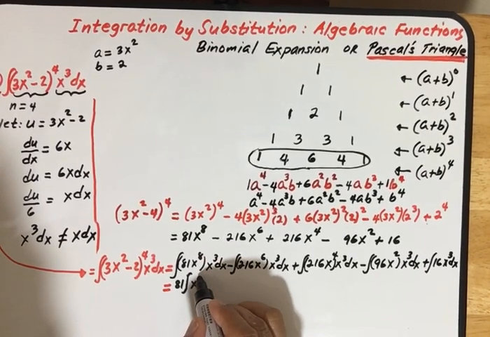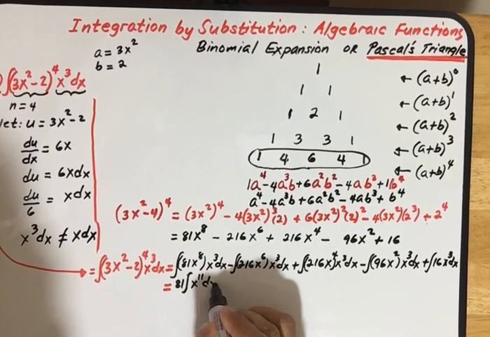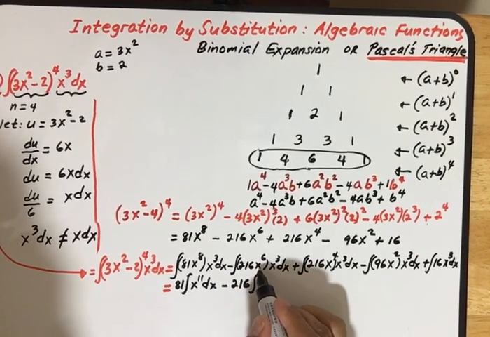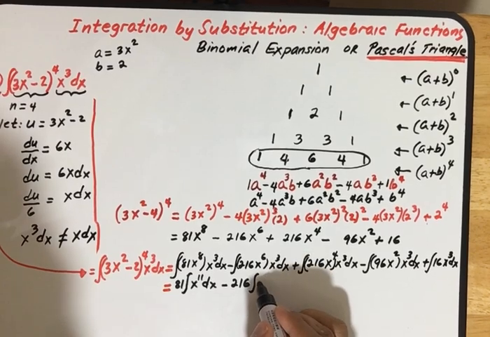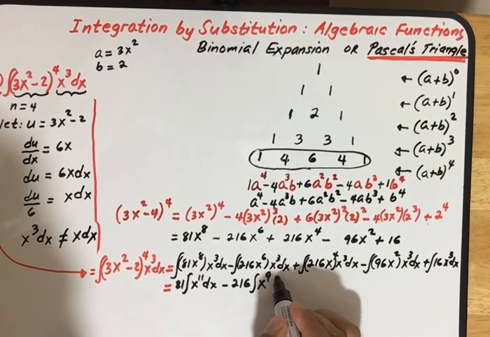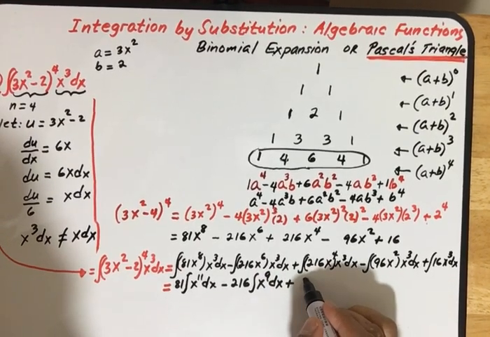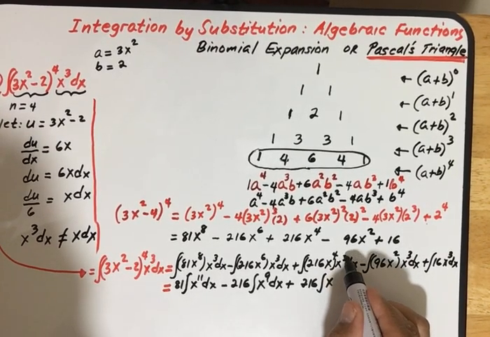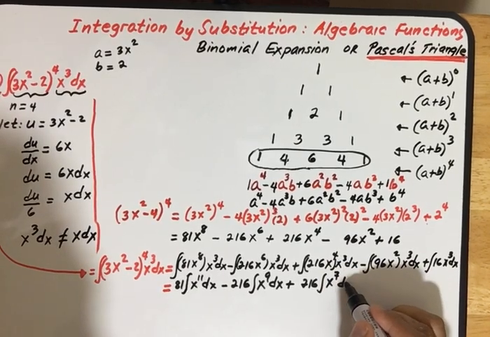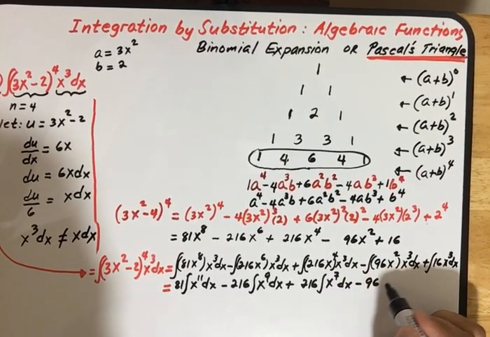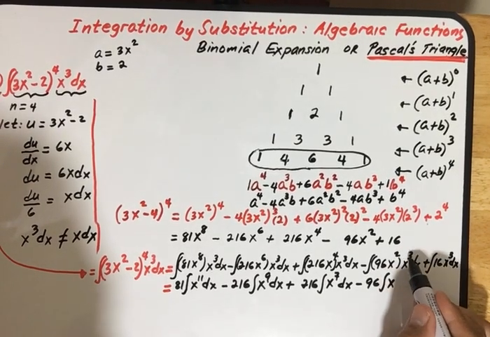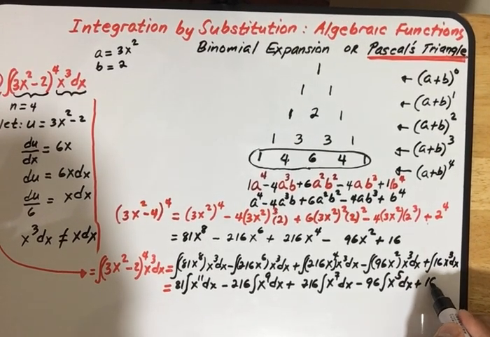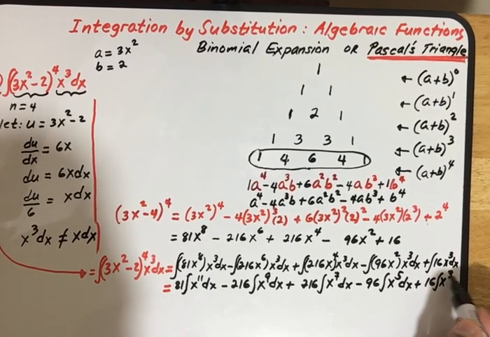So you just add the exponents, so that is 11 dx, then minus 216 integral of x to the 6 times x to the 3, so that is x to the 9 dx, then plus 216 integral of x to the power 4 times power 3, so that is x to the 7 dx, then minus 96 integral of x to the power 2 times 3, so that is 5 dx, then plus 16 integral of x cubed dx.